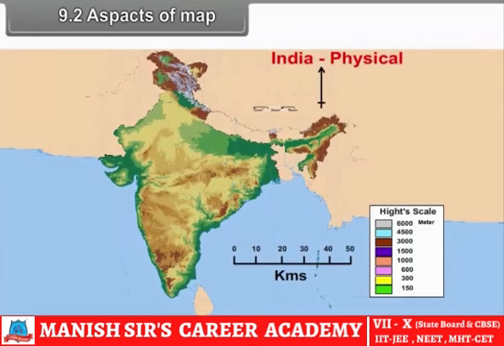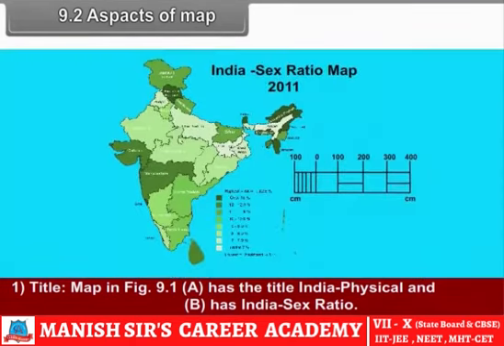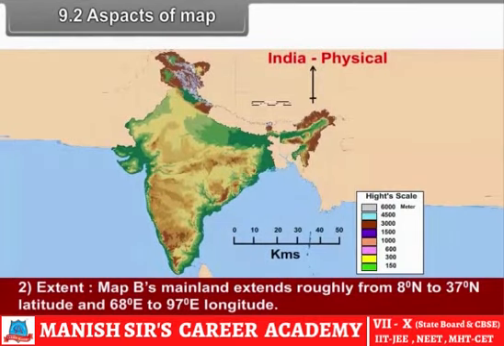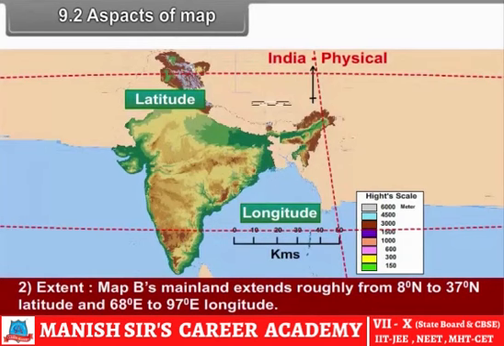9.2 Aspects of Map. 1. Title. Map in Figure 9.1. A has the title India Physical and B has India Sex Ratio. 2. Extent. Map B's mainland extends roughly from 8 degrees north to 37 degrees latitude and 68 degrees east to 97 degrees east longitude.